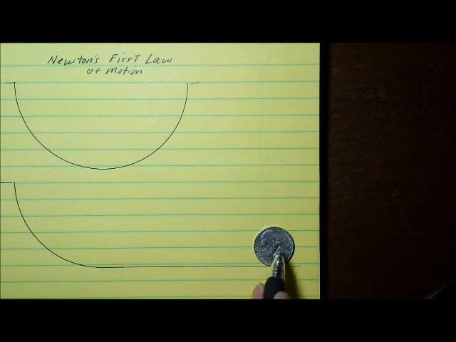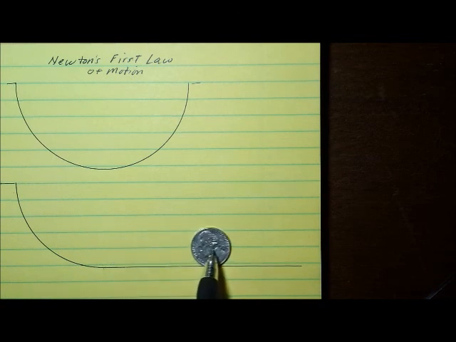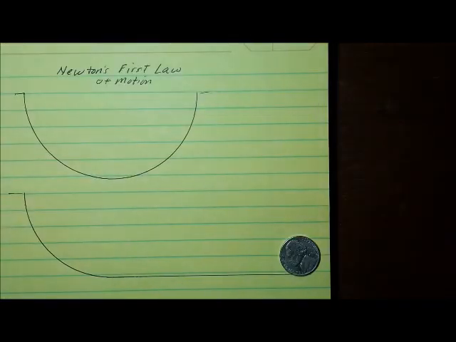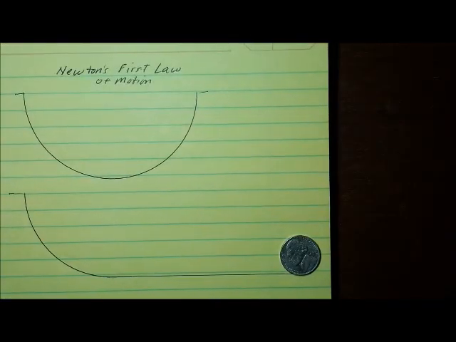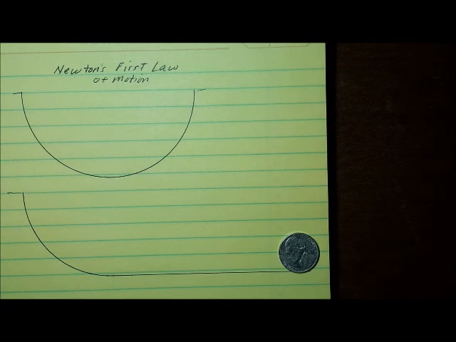An object at rest will remain at rest, and an object in motion will continue in motion, moving with a constant velocity forever, unless it's acted upon by some outside force. And that idea that an object will continue to do what it's already doing, that an object will not change what it's doing without the application of some outside force, has a name.